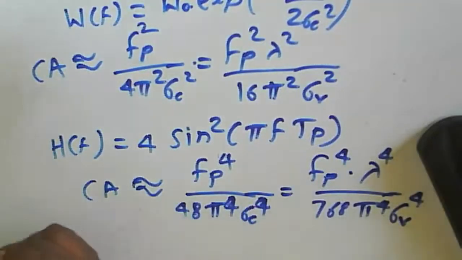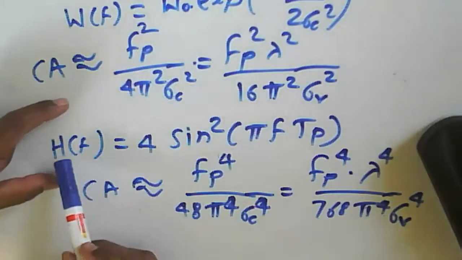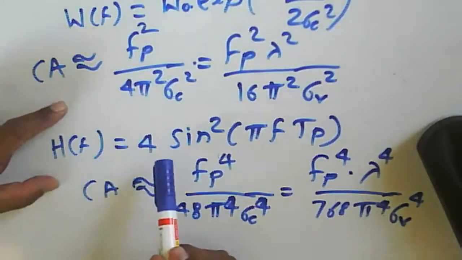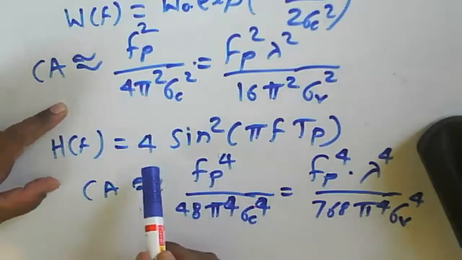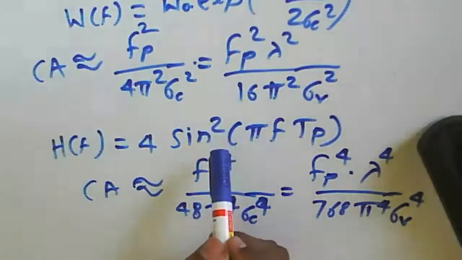That additional delay line canceller is in cascade here, so the frequency response H of F, if we use 2, will be the square of it. That's why there is a 4 sine square term, because it is a square.